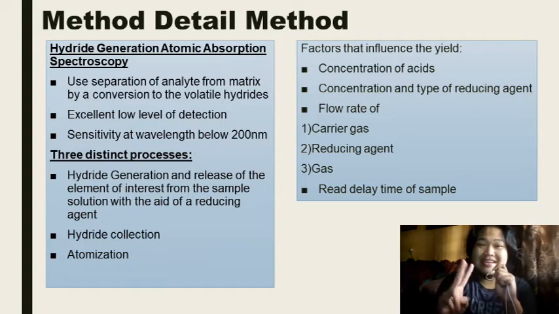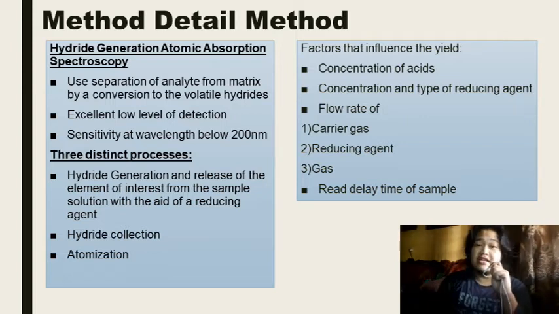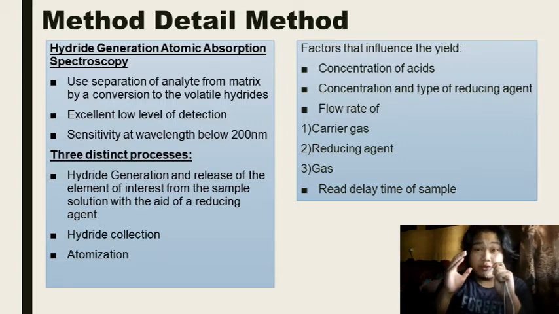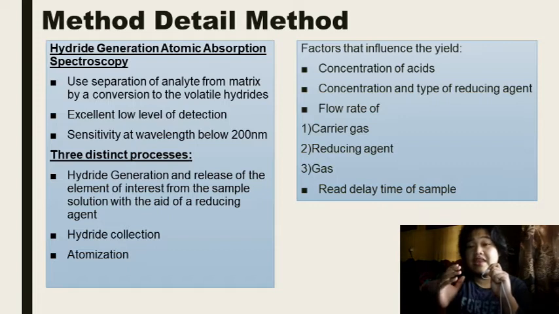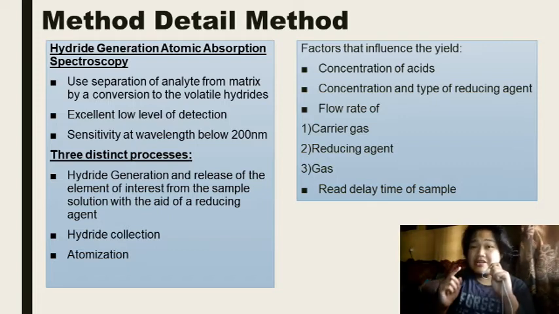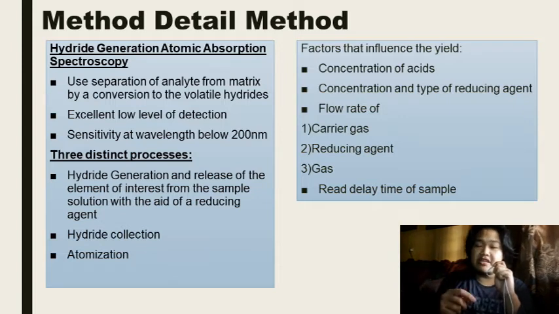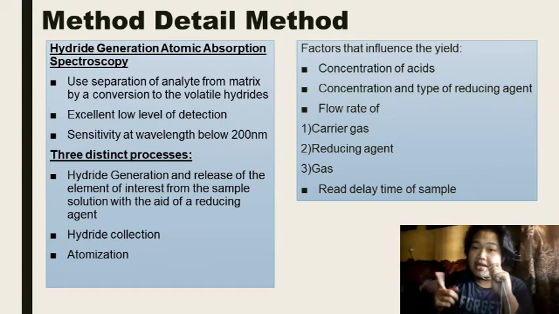Second, it has an excellent low level of detection, and lastly, it has sensitivity at wavelength below 200 nanometer, a region where there is considerable spectral interference from radicals in conventional flame atomic absorption spectroscopy.